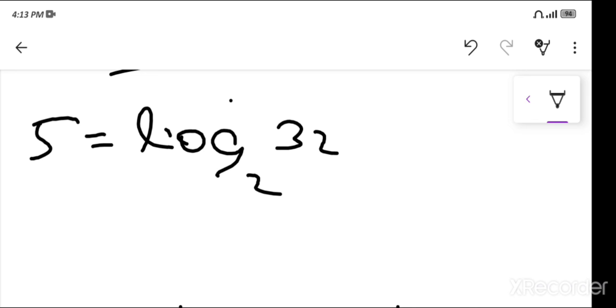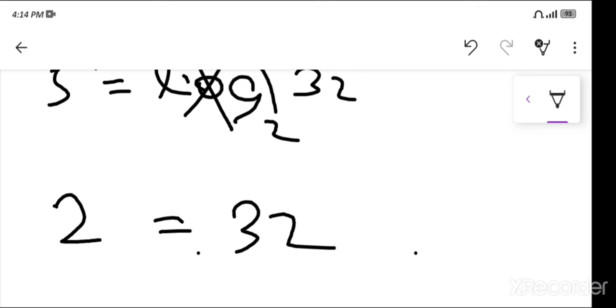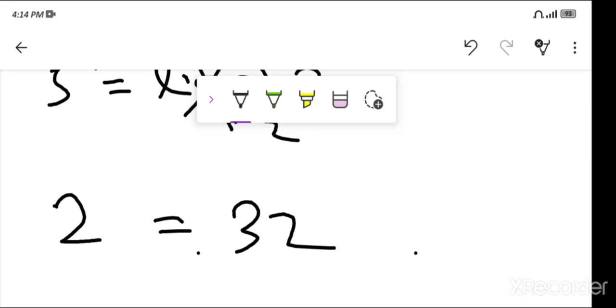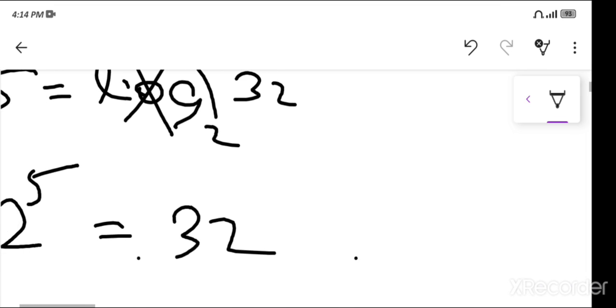As I told you, you take the base that side and you cancel the log. So 2 that side, and you cancel the log. Now where does the 5 go? 5 goes as your power, and that's the answer.